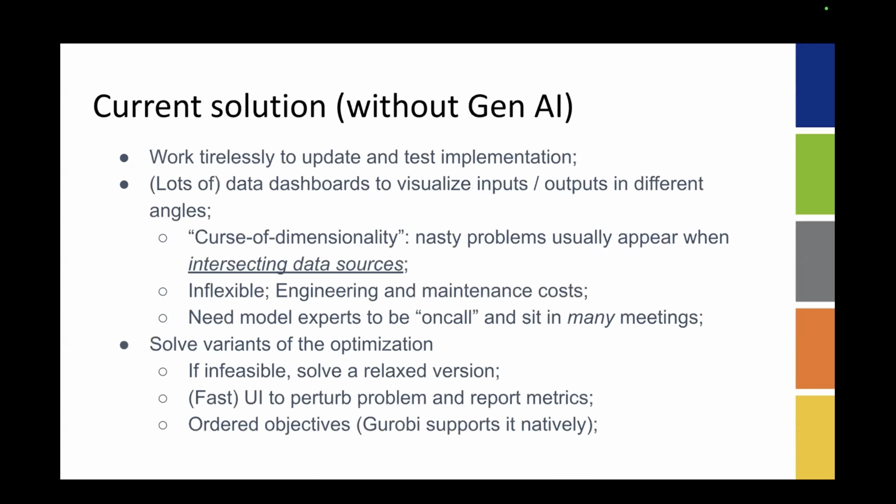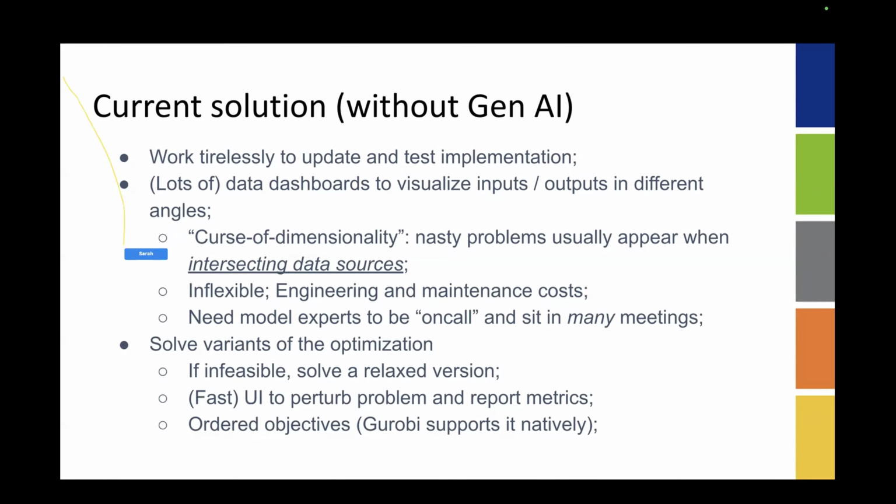So the current solution without Gen AI is that we have people, we put time and resources to tirelessly update and test our implementations. We build a lot of data dashboards to visualize inputs and outputs from different angles.